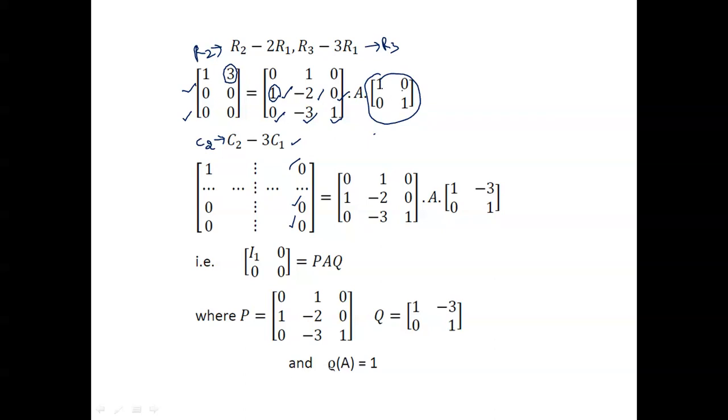C2 minus 3 C1: 0 minus 3 into 1 is minus 3, and 1 minus 3 into 0 is 1.